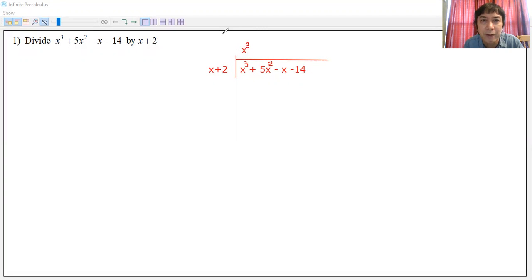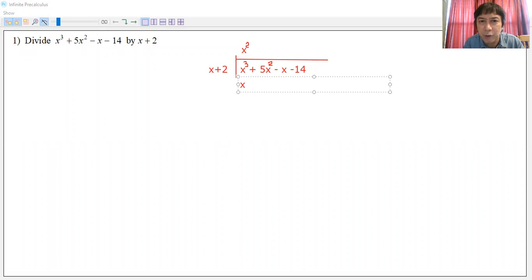And so we're going to multiply this term by term: x squared times the leftmost term of the divisor. x squared times x will be x cubed again, and you're going to write that right below the x cubed.